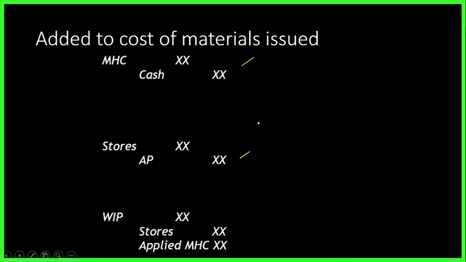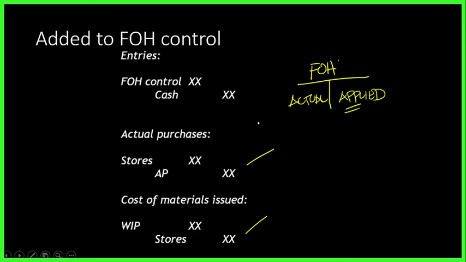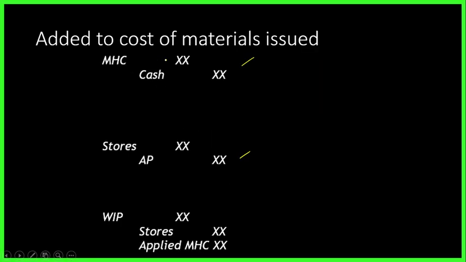If it's treated as part of factory overhead, you debit factory overhead control. If it's treated as an addition to the materials when they are issued, ilalagay mo muna siya as a separate account, your materials handling cost account.